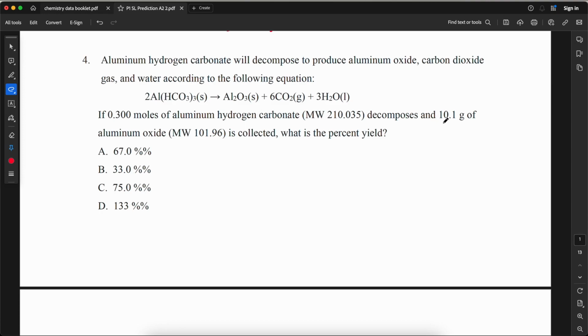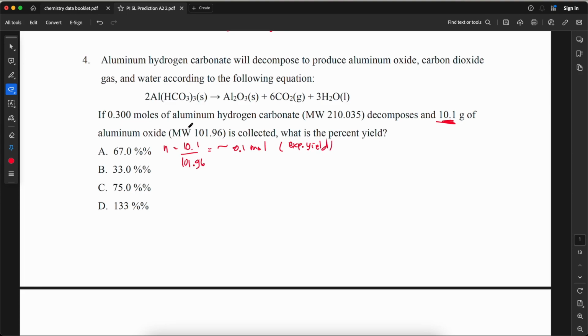For the experimental yield, we can calculate based on the mass here. So the mole would be 10.1 divided by 101.96, equal to 0.1 mole. Yeah, this is the experimental yield.